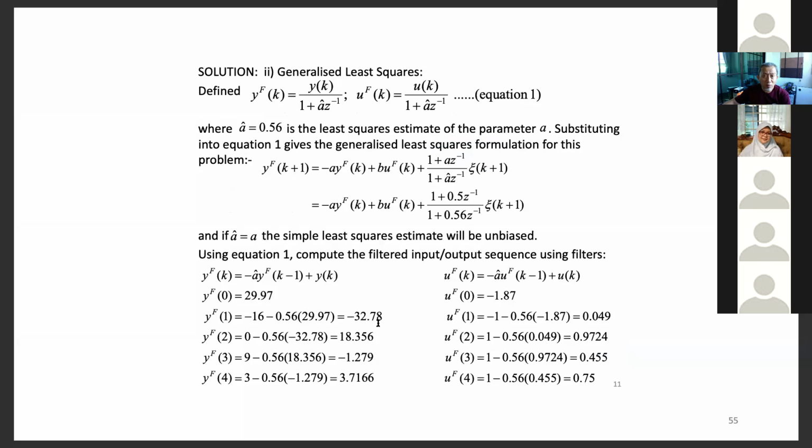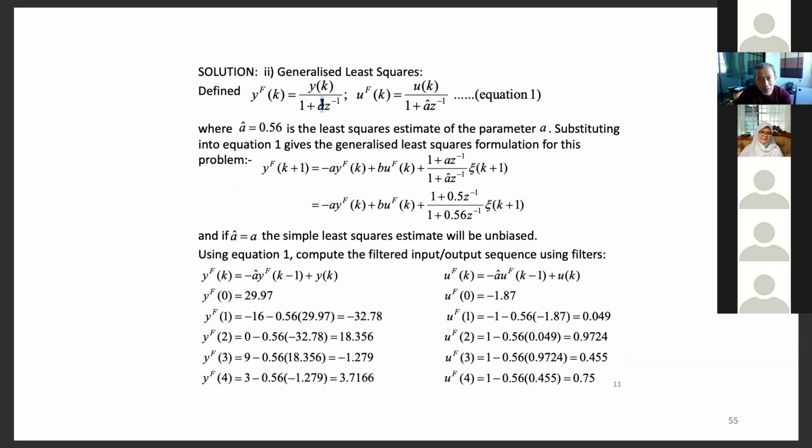So now we are going to apply the second one, which is the generalized least square. In generalized least square, the formula will become y filtering k is equal to yk over 1 plus a estimate z minus 1.